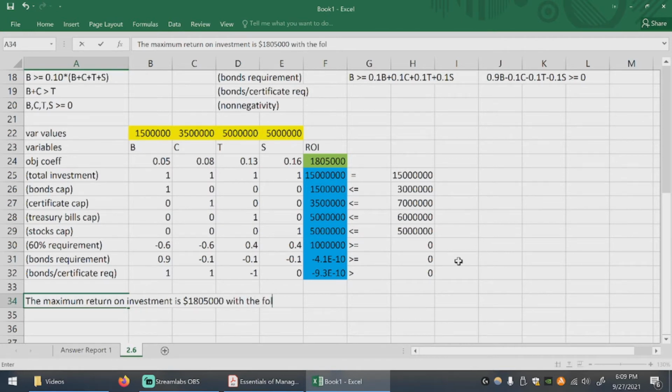With the following, let's call it diversification. We could say, ooh, what's that? 1,500,000. That's 1.5 million in bonds. 3,500 and 3 more zeros in certificates.